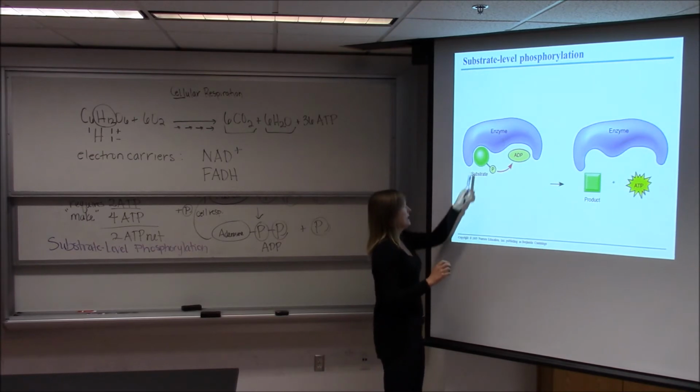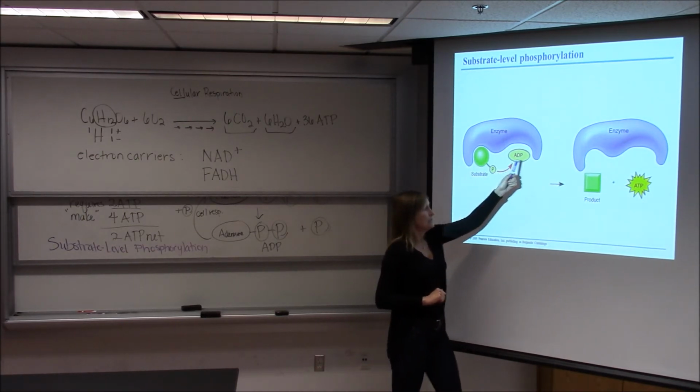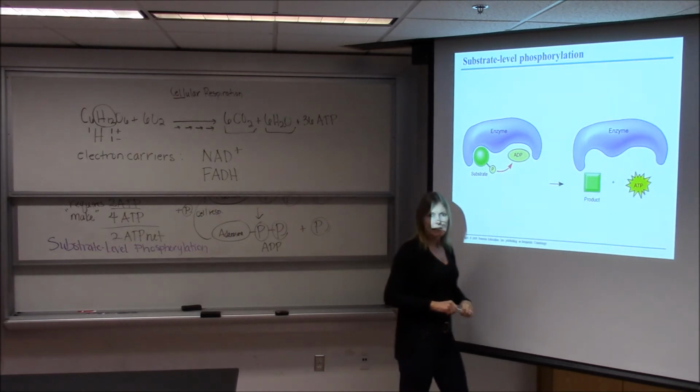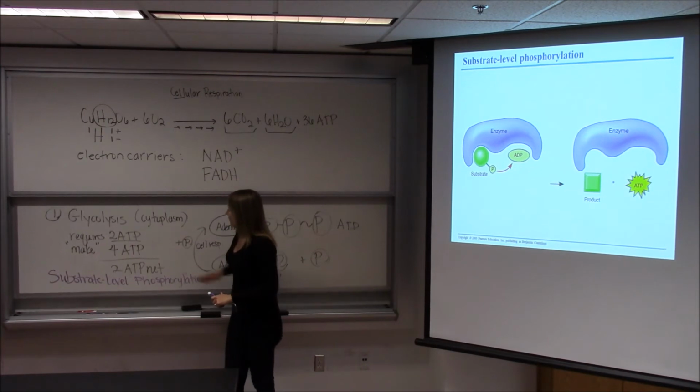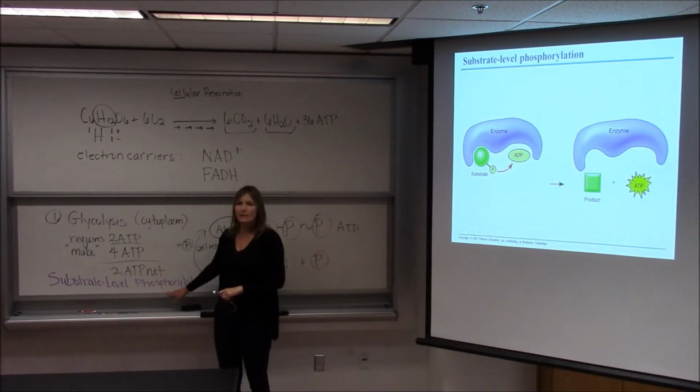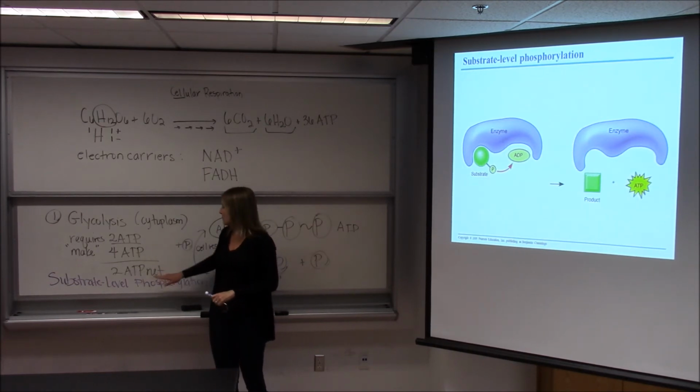In this case, transfer of a phosphate group from this substrate to ADP to regenerate ATP again. So in glycolysis, we make 4 ATP via substrate level phosphorylation. It ends up being a net of 2 because we use 2 to get this process started. So that's one of the very important events of glycolysis, is we make 2 ATP from that glucose.